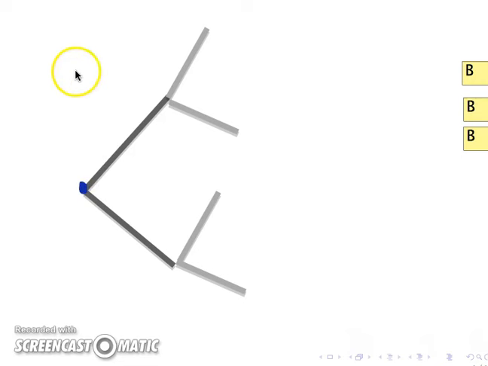This node is going to contain the information of the father, and each of these branches is going to have another bifurcation node, and that is going to contain the information of the mother in this diagram.